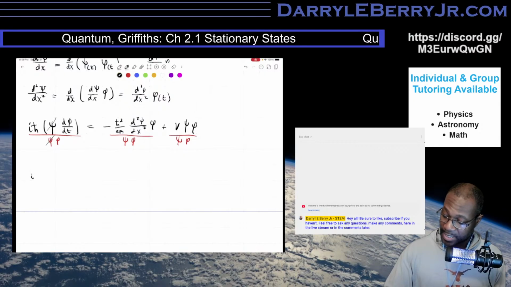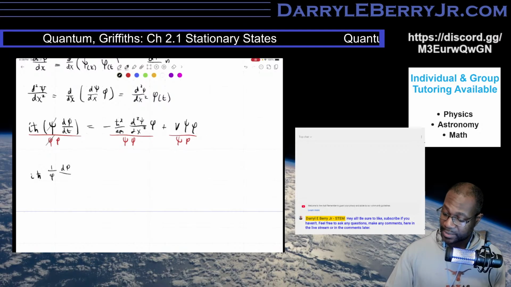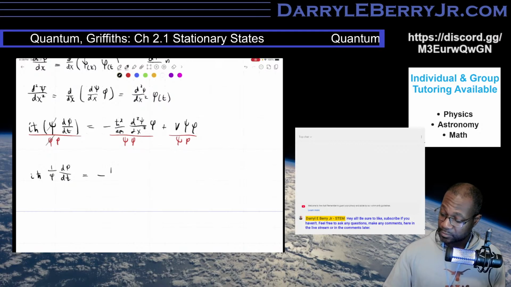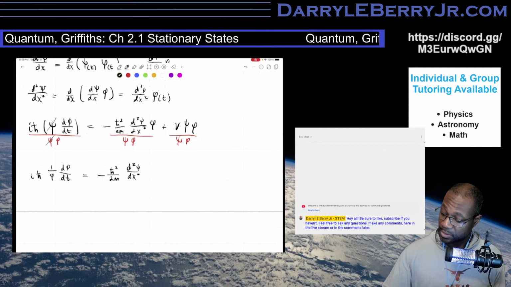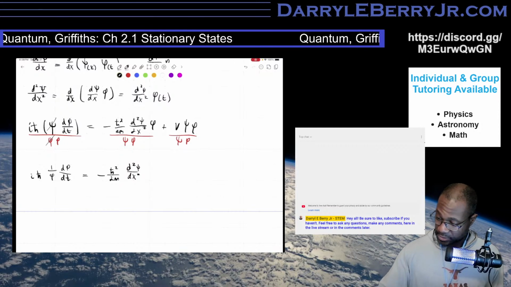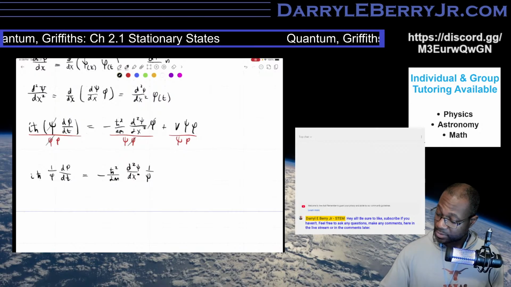We end up with i h bar 1 over phi d phi dt, and we see that this will stay the same. This will stay the same. This will cancel, and we're left with 1 over psi, and both of these will cancel.